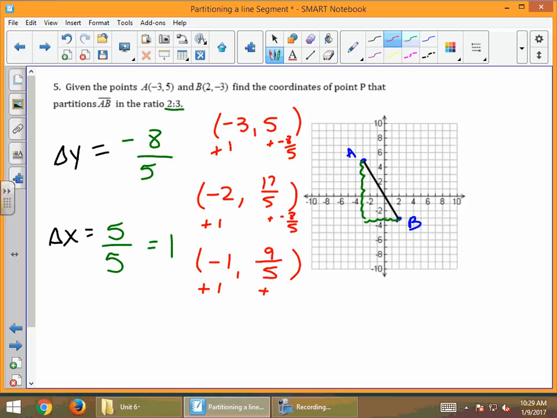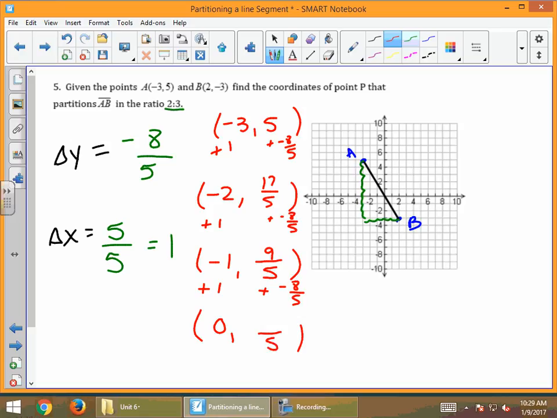Repeat the same process. Easy math, -1 plus 1 is 0. 9/5 plus -8/5 is what? The bottoms are the same, so it's going to say 5.